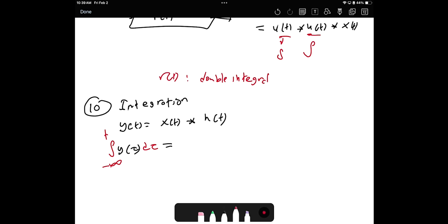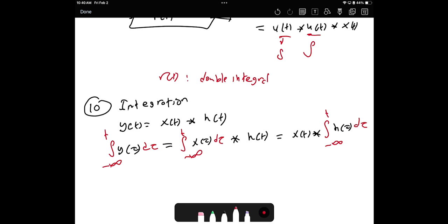In the convolution, you will do only one side. So negative infinity to t, x of tau d tau, convolved with h of t. Or you can do the integration for h of t, so it will be h of t convolved with the integral from negative infinity to t of h of tau d tau.